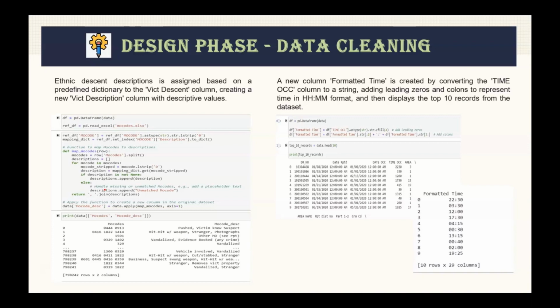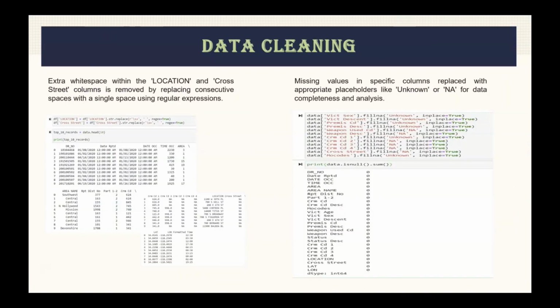We also did some formatting in the time of crime occurrence column, making constant length for the columns and separating hours from the minutes. Some unusual white spaces have been removed from column names, location, and cross street, and then finally some missing values are replaced so that we can proceed with data analysis.